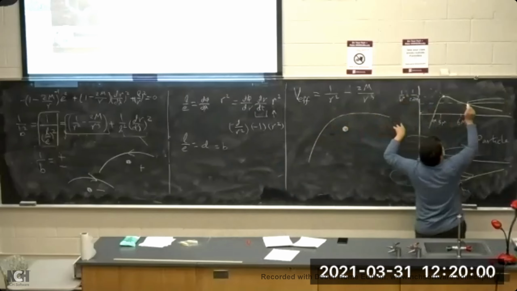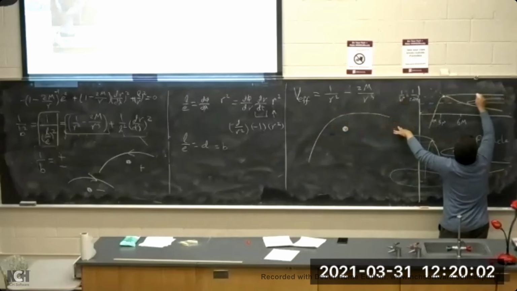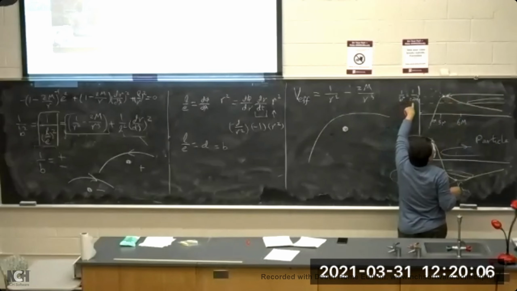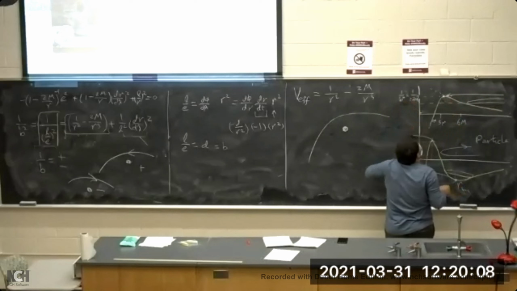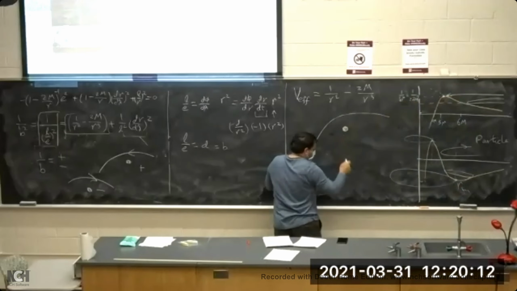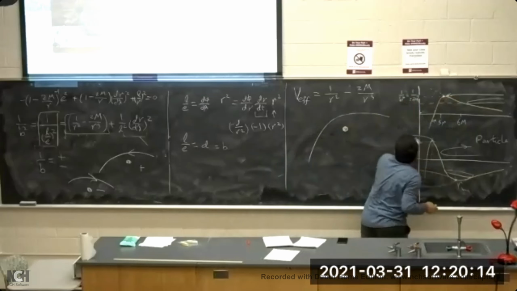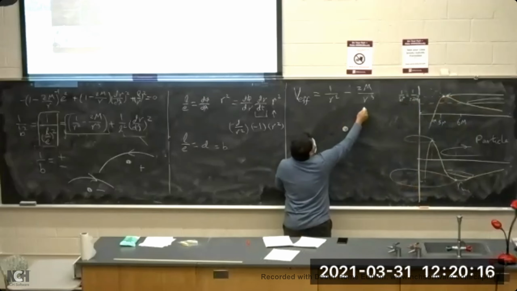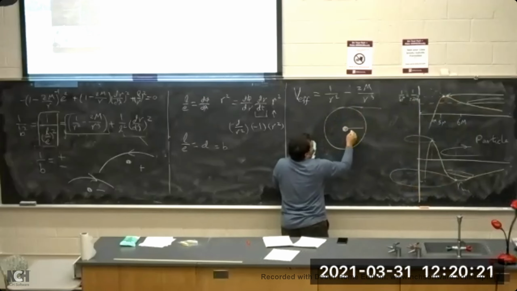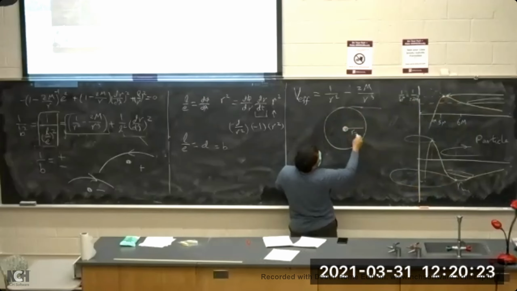But if the light ray 1 over b squared is equal to 1 over 27m squared, then it will be captured by this mass, and it will start to rotate in a circular motion with R equal to 3m.